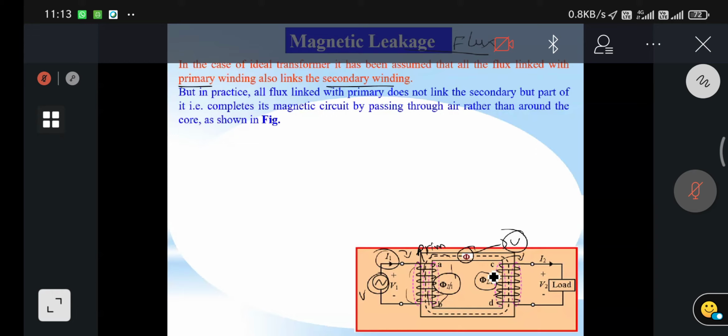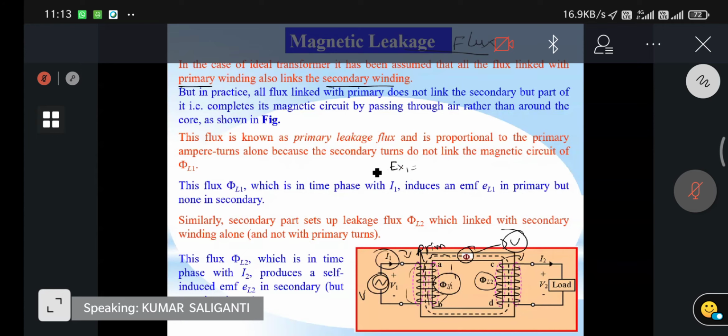So phi L1, phi L2 and phi L, these are all in time phase with the current, and they produce self-induced EMFs. So finally you can get EX1, which is I1 into X1.